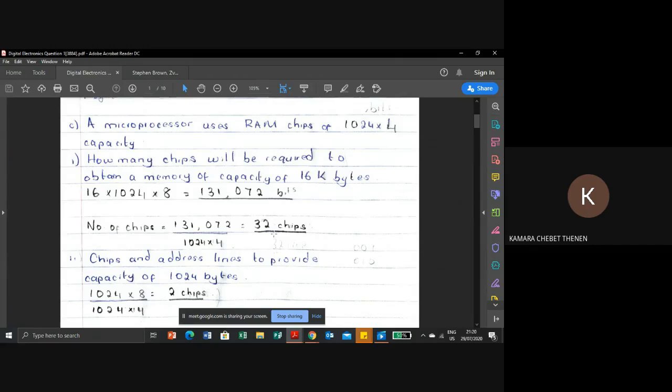And isn't only the 1024 the number of memory locations in each chip? It's the same as the one our group was doing for number 4, and I saw that problem.